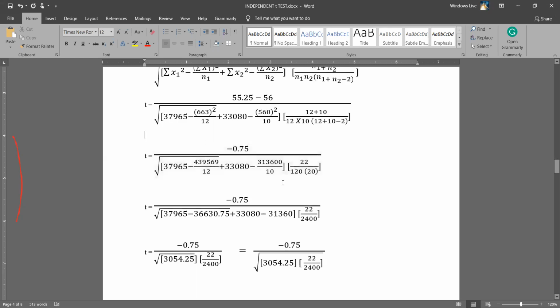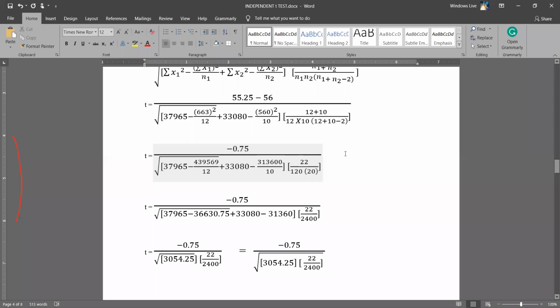So I'm repeating. We'll do things systematically. Don't rush. Solve the numerator, and when you subtract, it will be minus 0.75. Then the denominator, the square root is for all the values. When I was doing it, I was having issues.